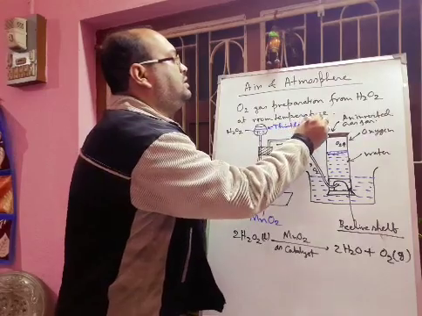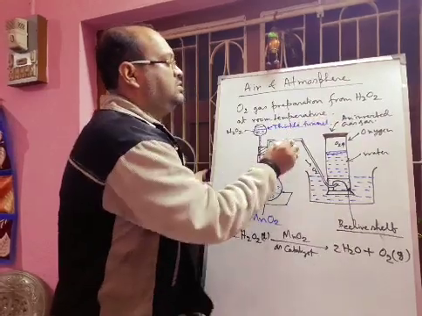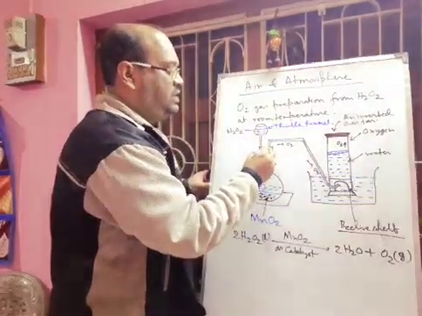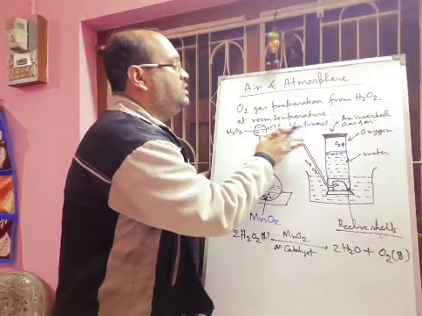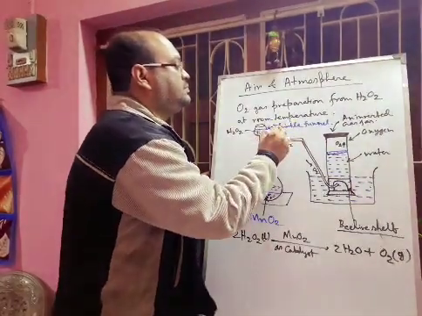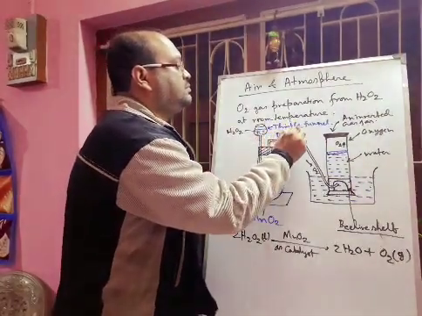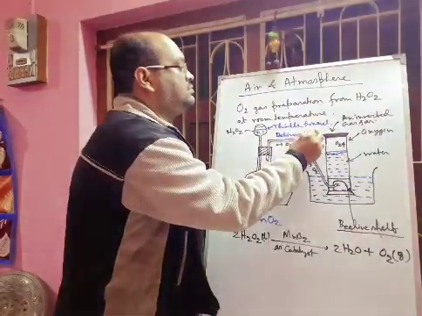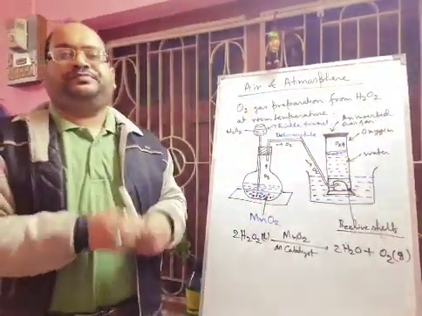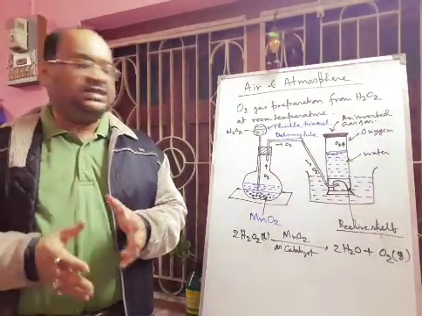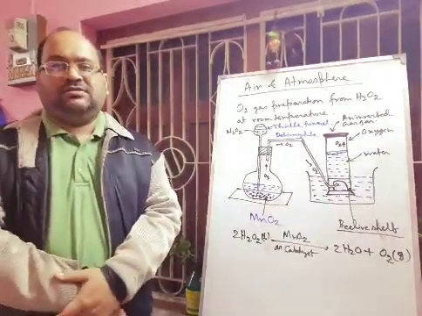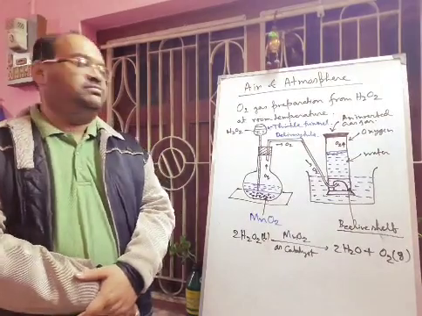Thistle funnel. And into the other mouth of this flask will enter the delivery tube. This is the delivery tube. So first we are taking this manganese dioxide in this flask.